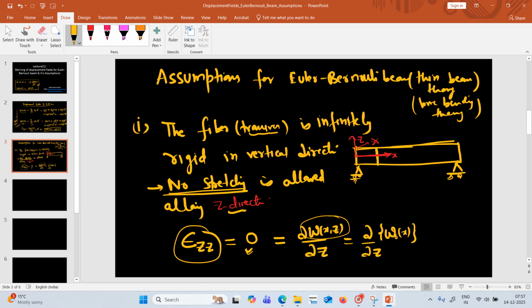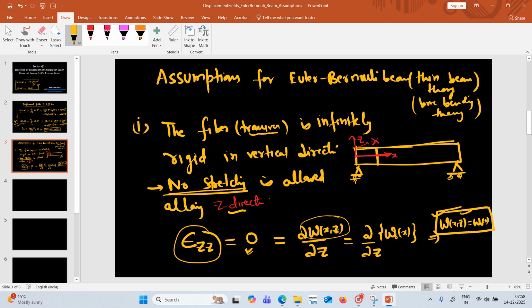This implies that w of x comma z is only w naught of x. This is the first displacement field we got along the transverse fiber, w of x comma z equals w naught of x. This is the displacement along the vertical direction.